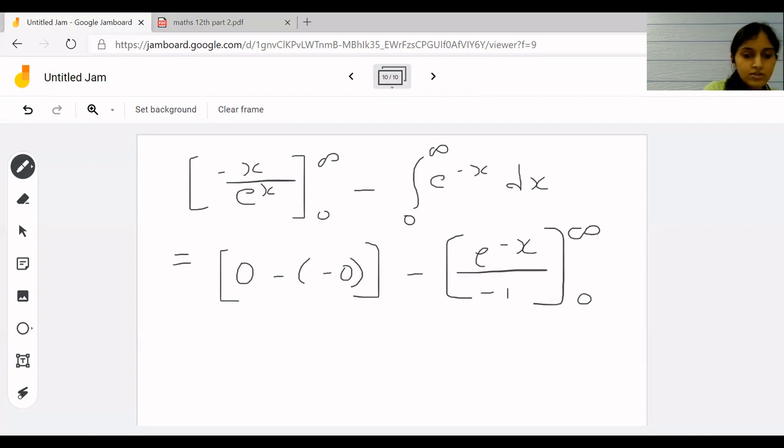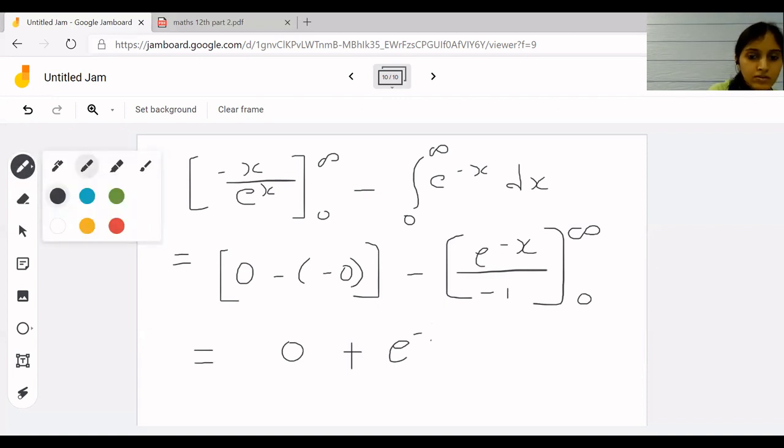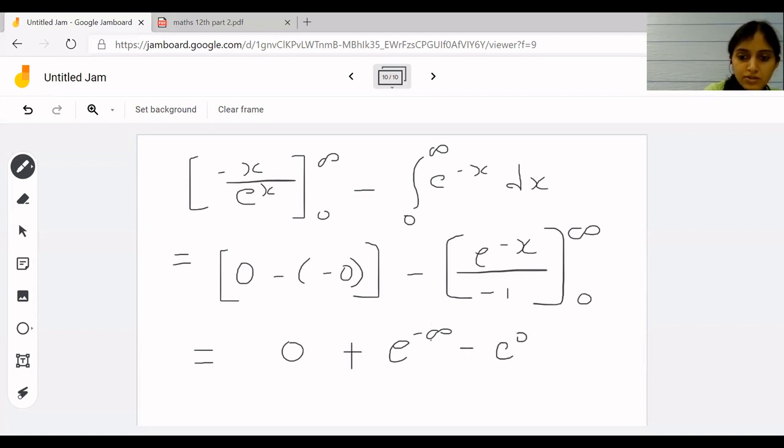Okay, so the final answer would be, this part is 0 here, minus, it will become plus with this minus, and e raised to minus infinity minus e raised to 0.